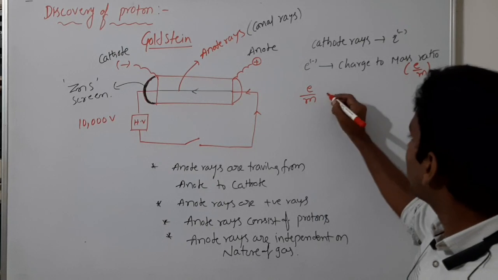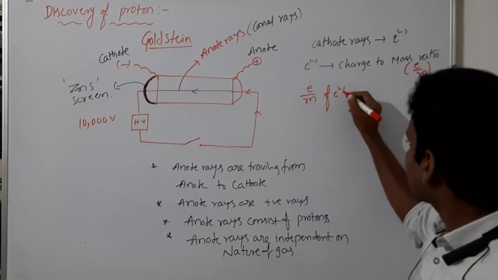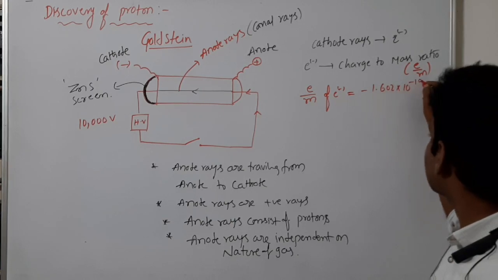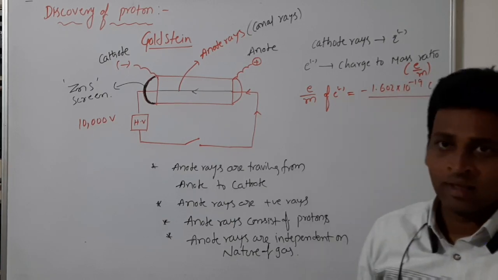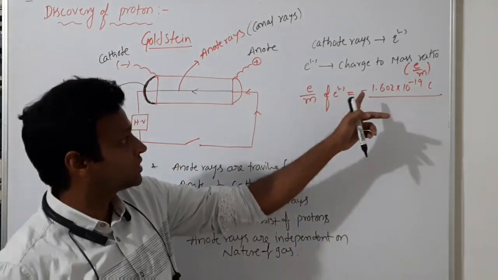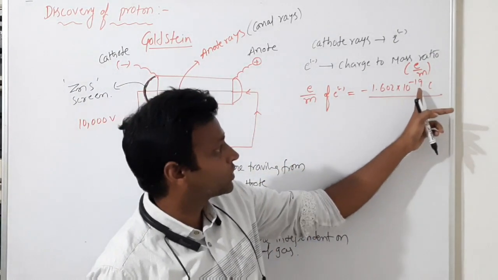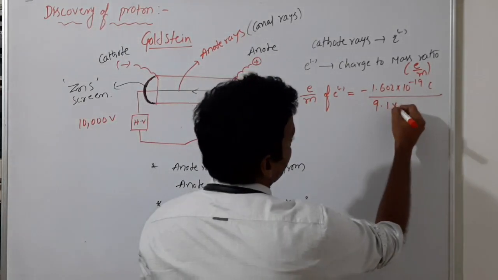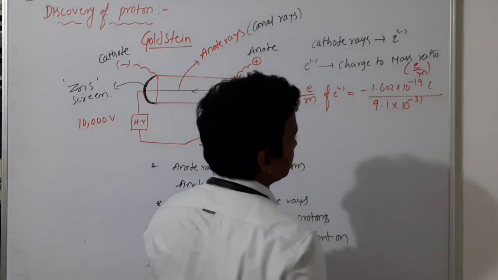E by M of the electron is nothing but minus 1.602 into 10 power minus 19 coulombs divided by the electron mass, 9.1 into 10 power minus 31.